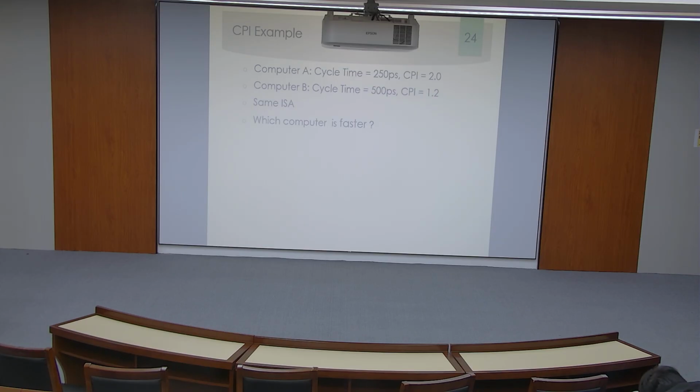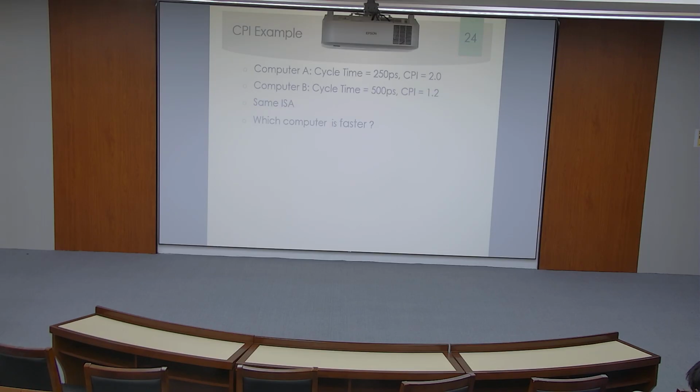Now we need to find out which computer is faster and by how much. We use the relative performance: CPU time for computer B divided by the CPU time for computer A. Then we have IC times 600 picoseconds divided by IC times 500 picoseconds.